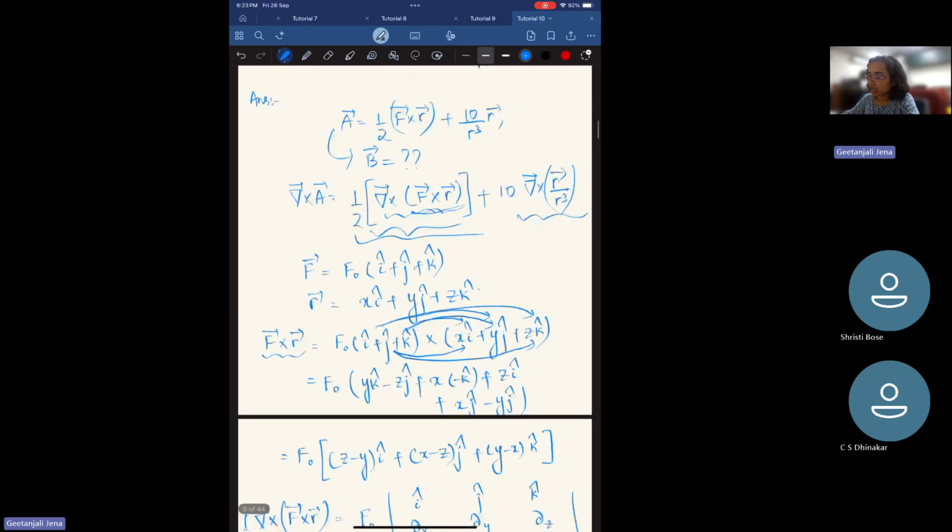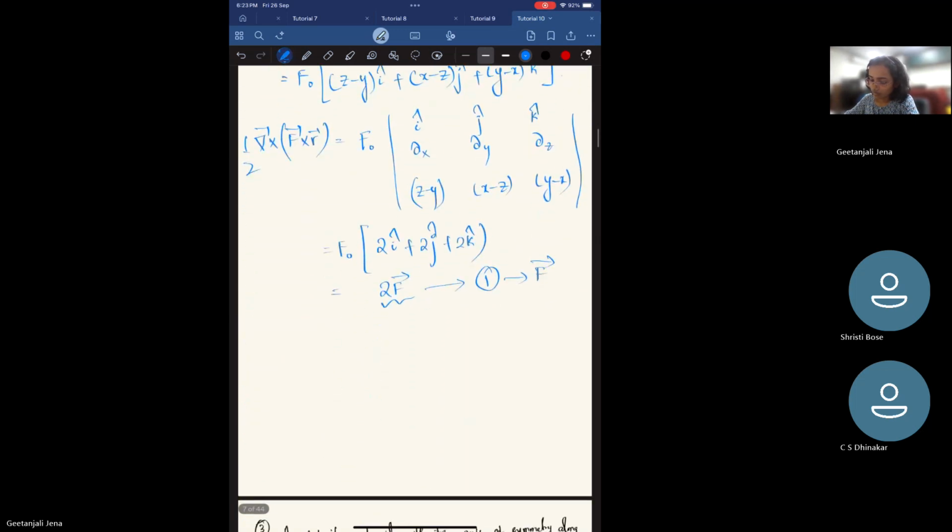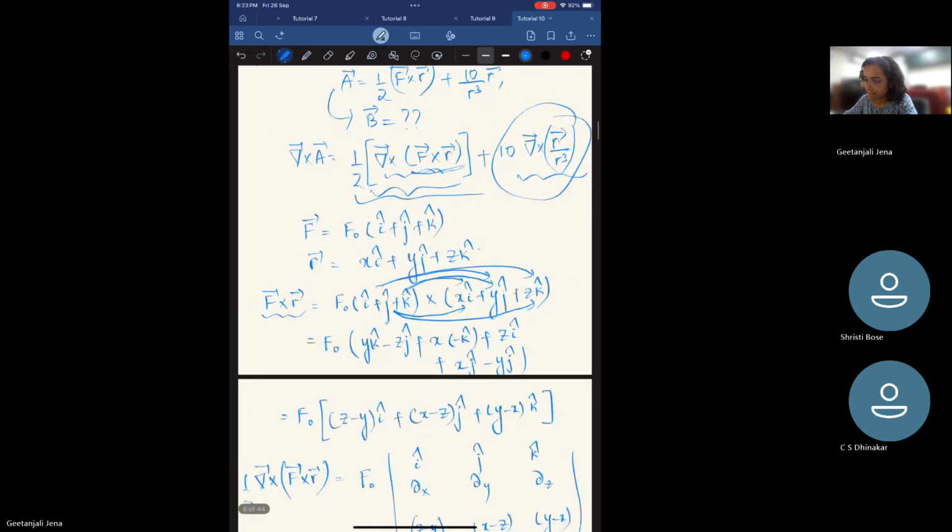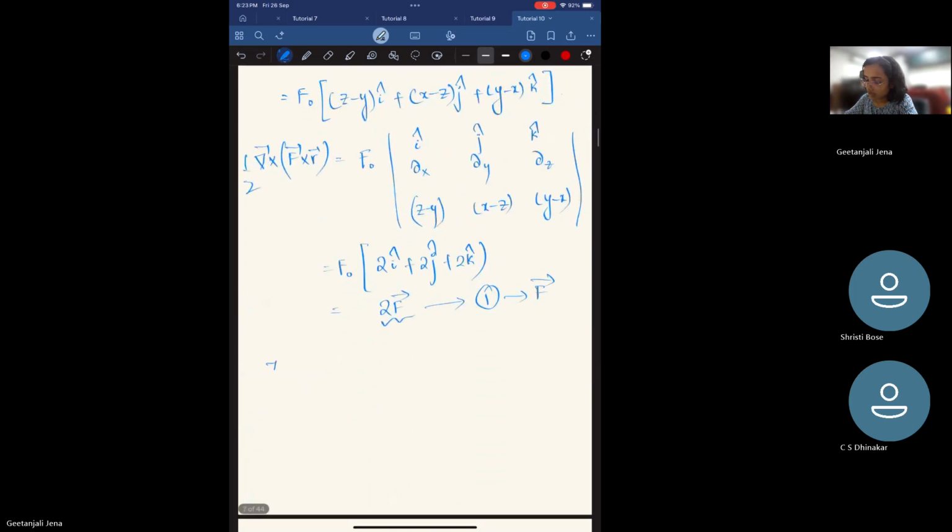Now let us see the second part. Curl of r by r cube, or you can write it as curl of r-hat by r squared.